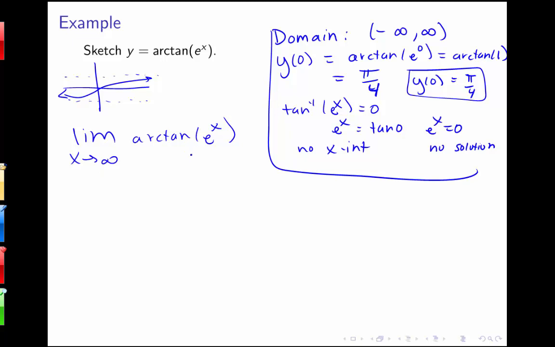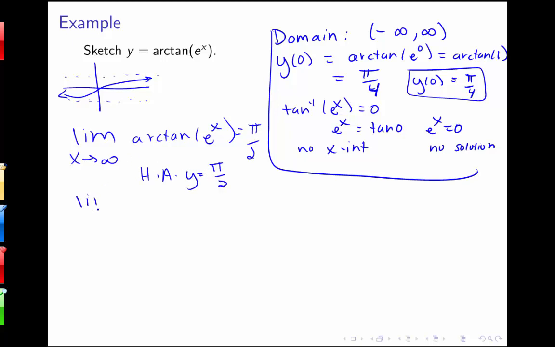As x goes to infinity, e to the x is going to infinity. And I see from my graph of just arctangent, as what's inside here is going to infinity, I'm approaching pi halves.